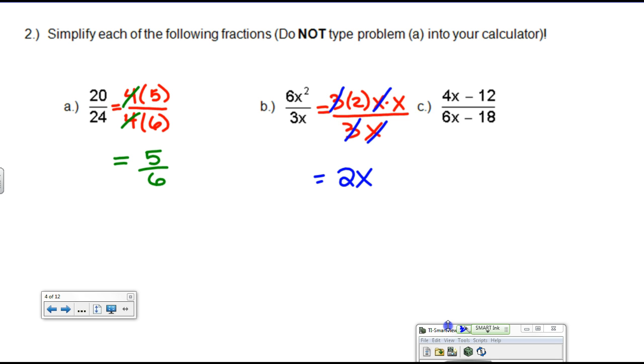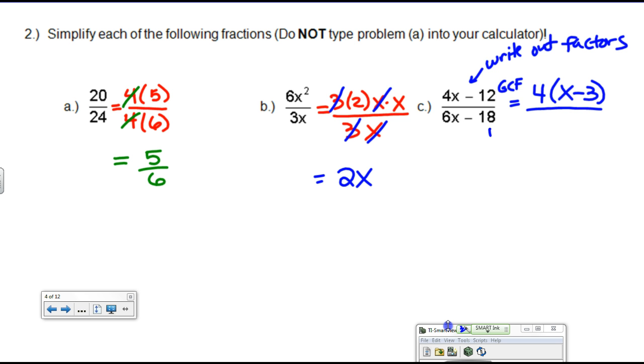So how do we do this? Well, again, we're going to do what we did in part A and B. We need to find or write out the factors. Okay, well, 4x minus 12, you can factor that by GCF. There is a 4 in both terms, so I factor out the 4 and then have x minus 3.